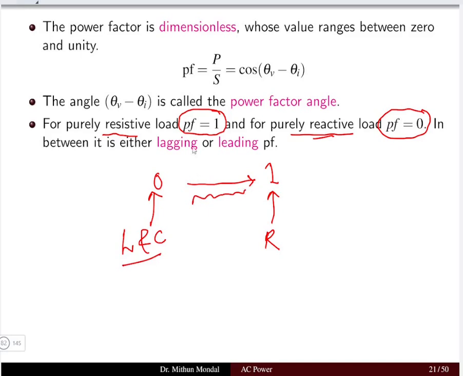In between this, the load will be either lagging power factor or leading power factor. This we will discuss a little bit more in detail.